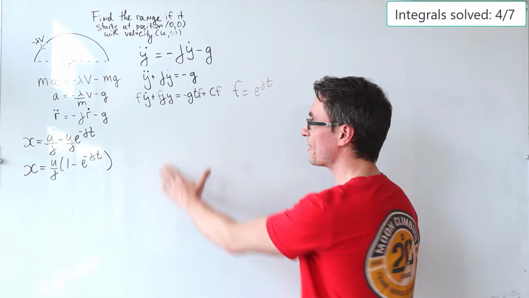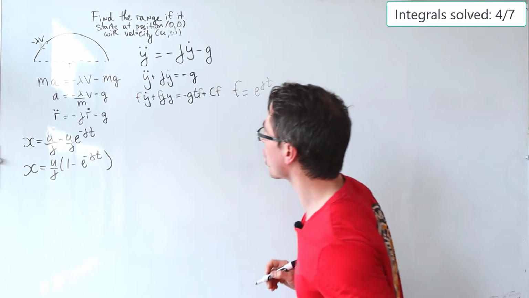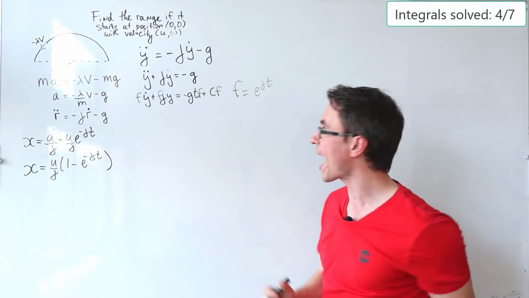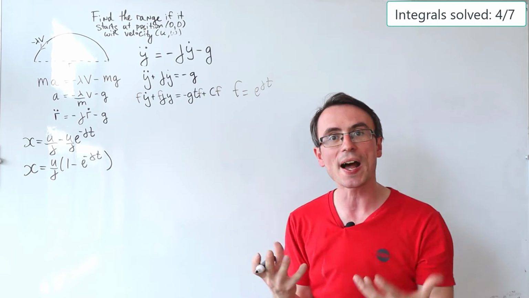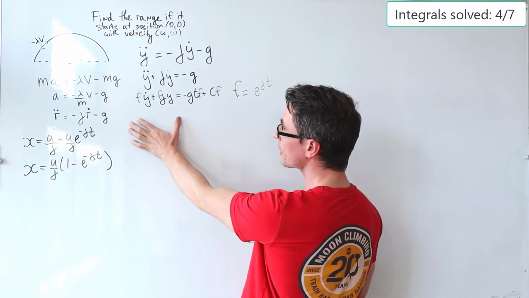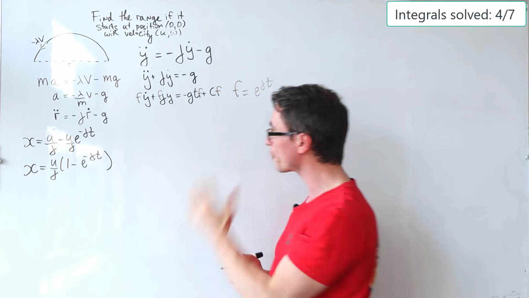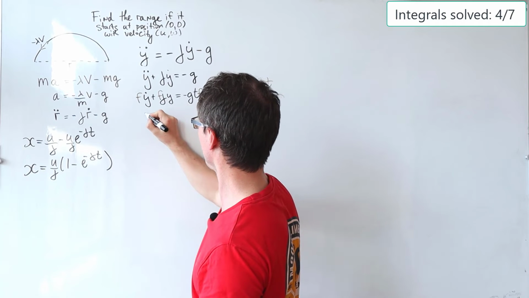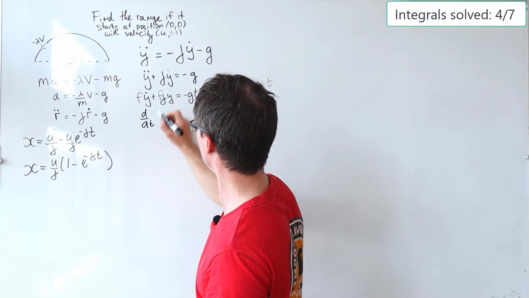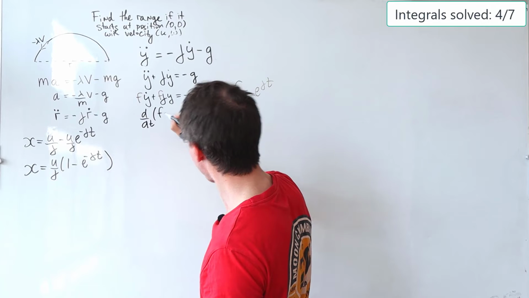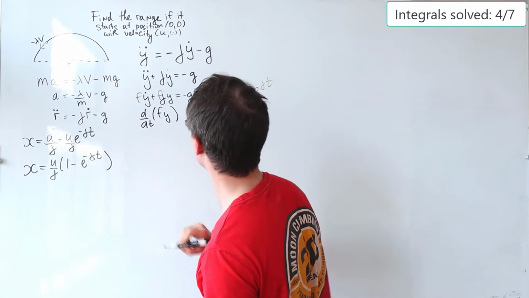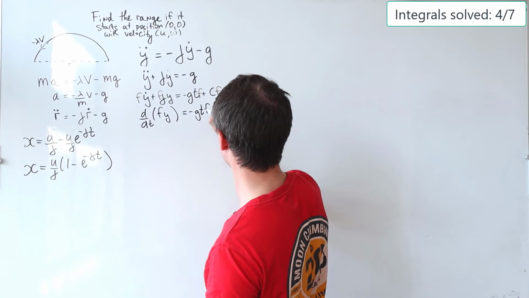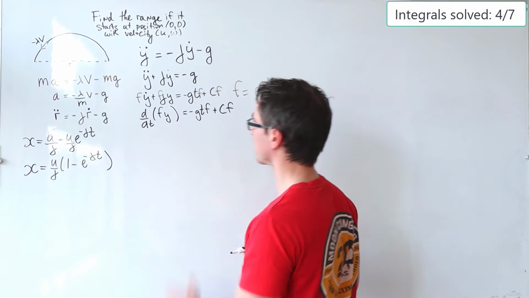And remember, we have defined f in such a way that f times gamma is in fact equal to the time derivative of f. This means that we can apply the product rule directly on the left hand side, and what we're going to get is that this here is actually the time derivative of f multiplied by y, which will be given by minus gtf plus c times f.